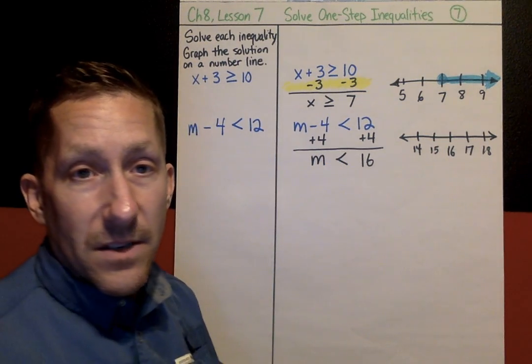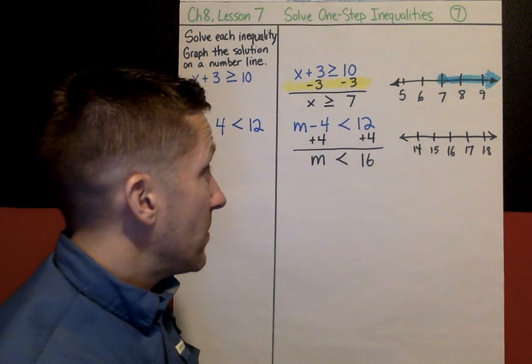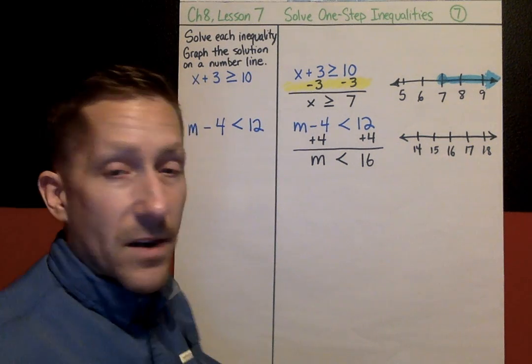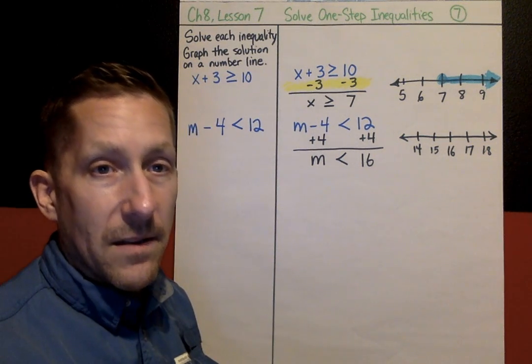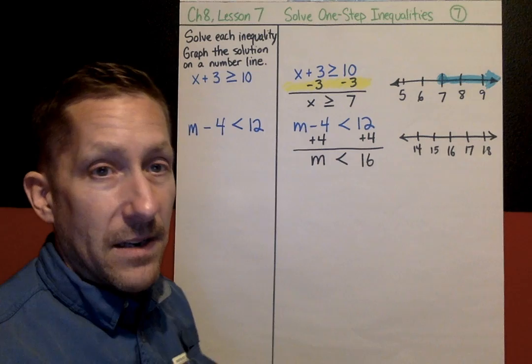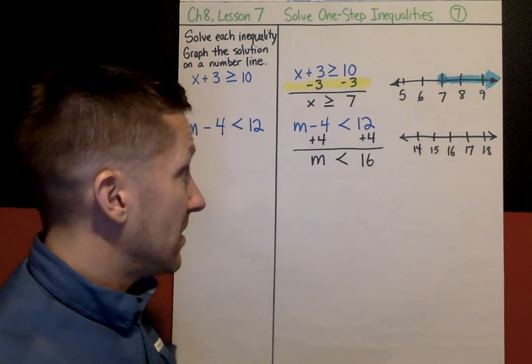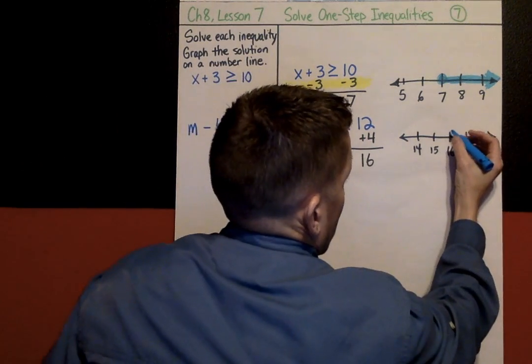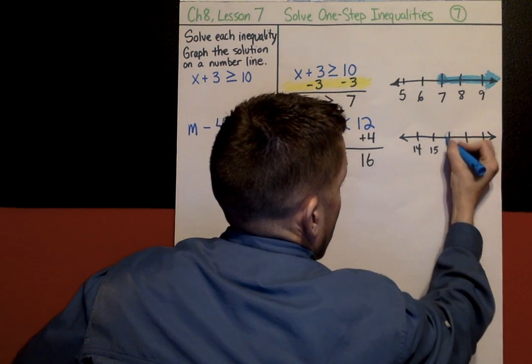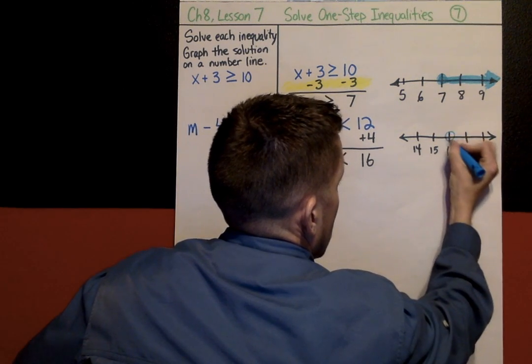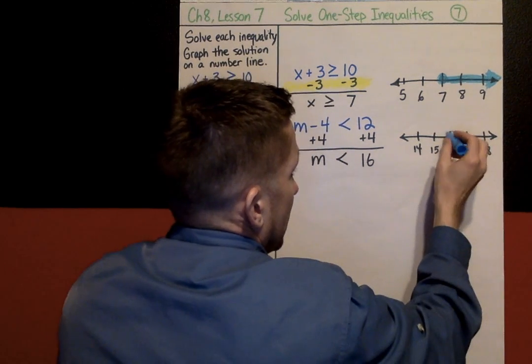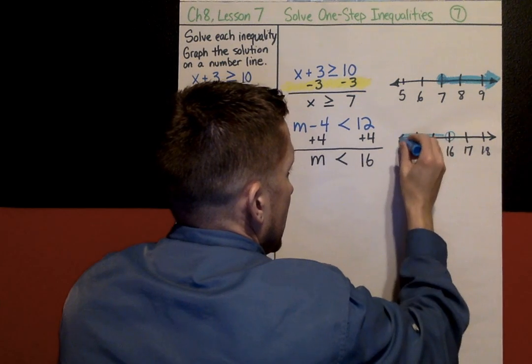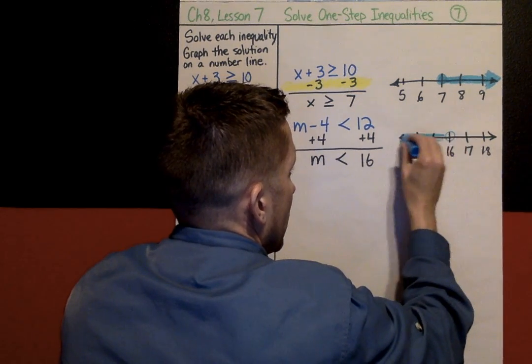The answer is no. I do not want to include 16, so I want an open point. Open is not included. Closed, filled in, is including. So I want an open circle at 16, and then I'm highlighting everything going this way.